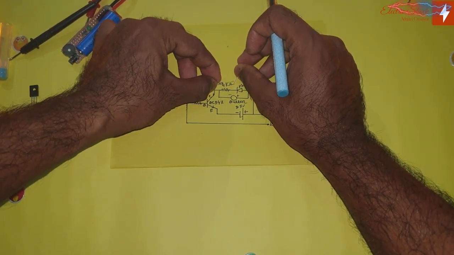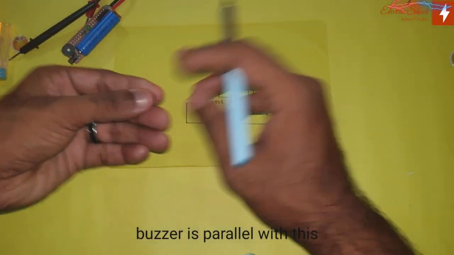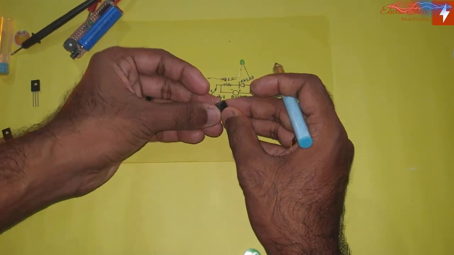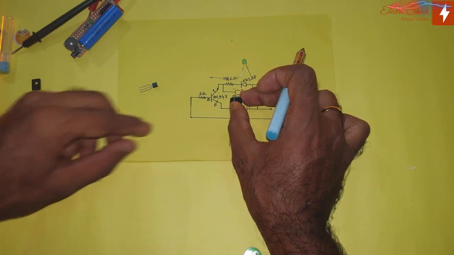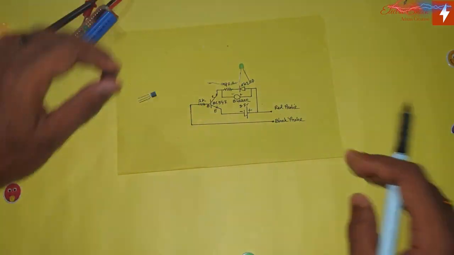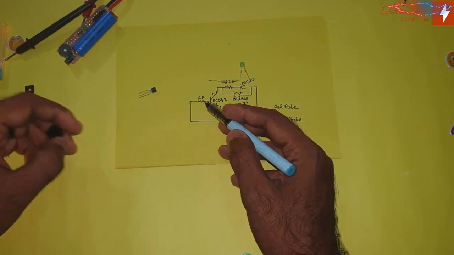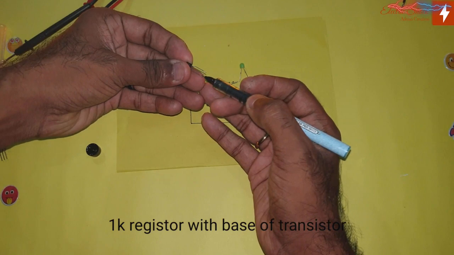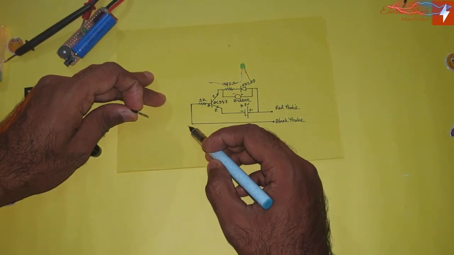This should be like this, and a buzzer is in parallel with this. This is the buzzer. And a 1K resistor on the base of the transistor.